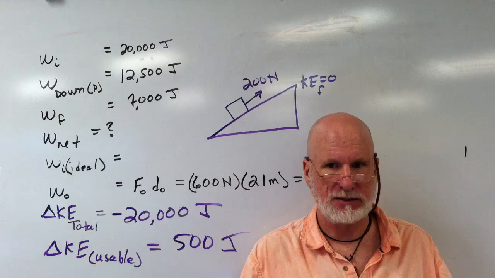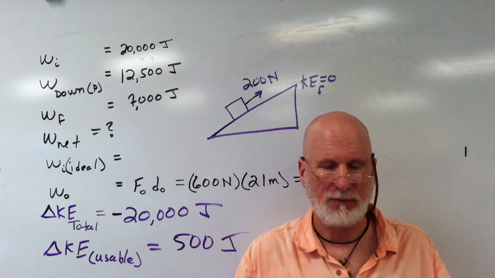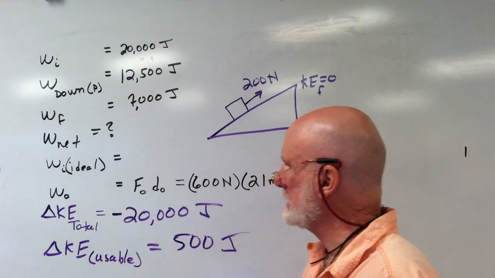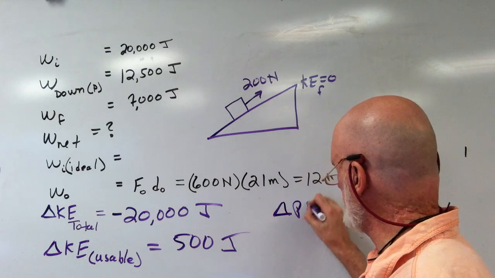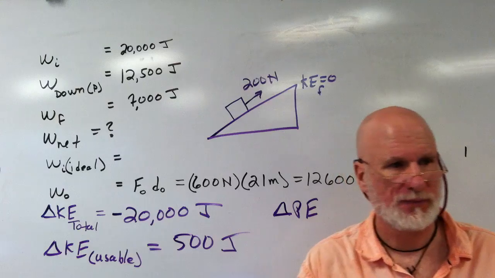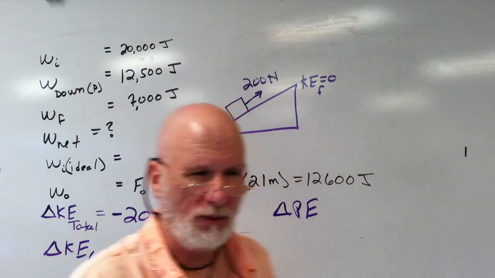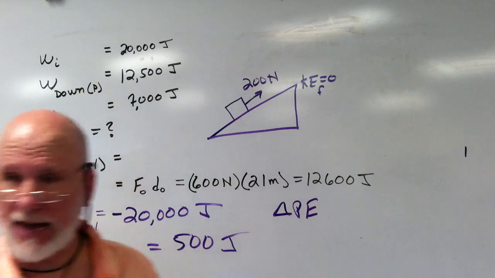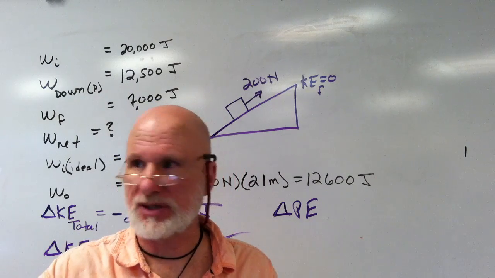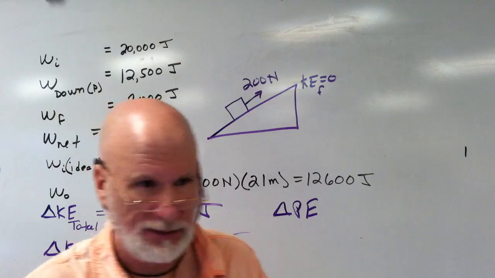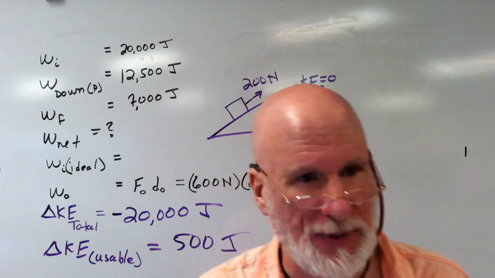Yes. All right, now, what is the change in potential energy? Positive 20,000. No, because did all of that go into potential energy? No, I lost a lot of it. It was gone.